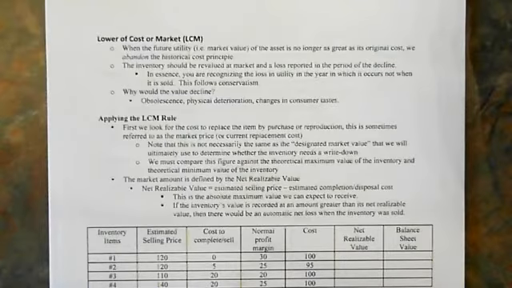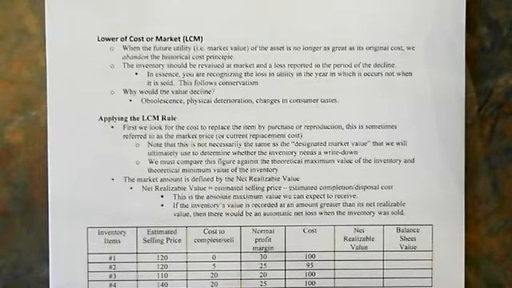Again, this is following conservatism. Abandoning the historical cost principle only occurs when we have a fair market value for our inventory that is less than its cost. If we have a greater market value than cost, we don't recognize an increase in the value of our inventory, so we only do this downward.